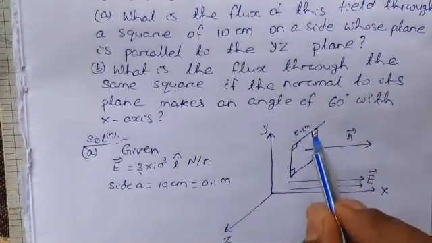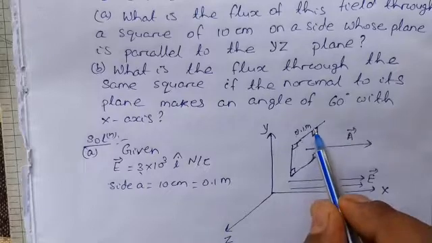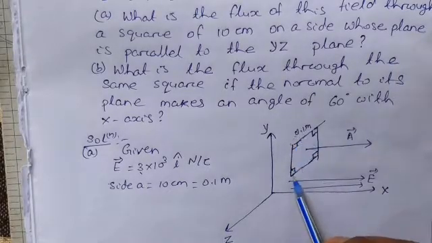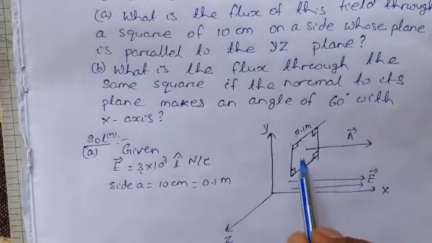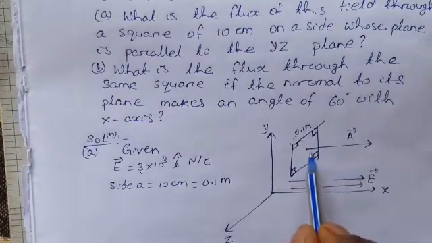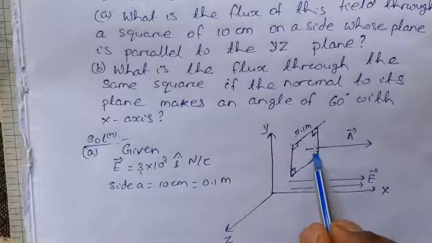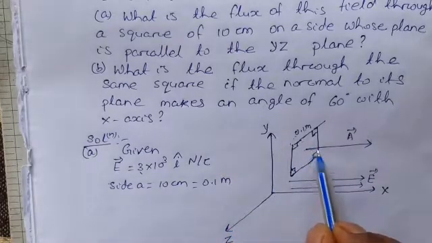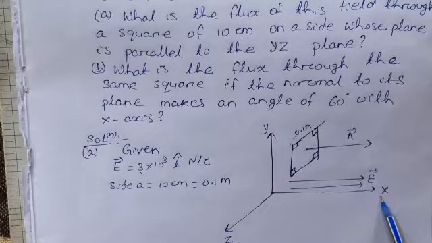If this plane is parallel to the yz plane, then the magnitude of the area vector is 0.1 into 0.1, as it is a square, and its direction is in the direction of the x-axis. The plane parallel to the yz plane means the area vector direction is in the direction of the x-axis.